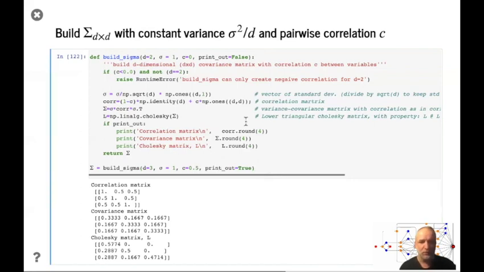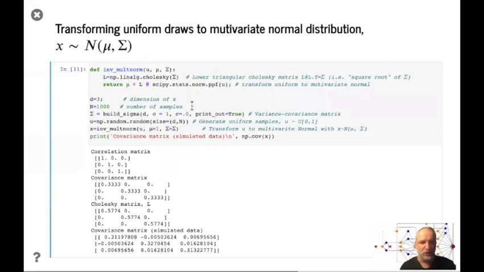So let's move on and see if we can transform some random draws. It's as simple as this. The transformation itself is really just one line of code, or two lines. First, you calculate the lower triangular Cholesky matrix of the variance covariance matrix.